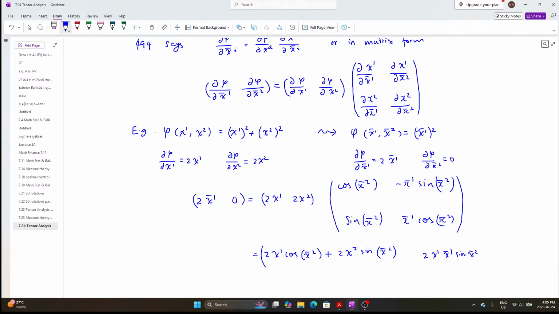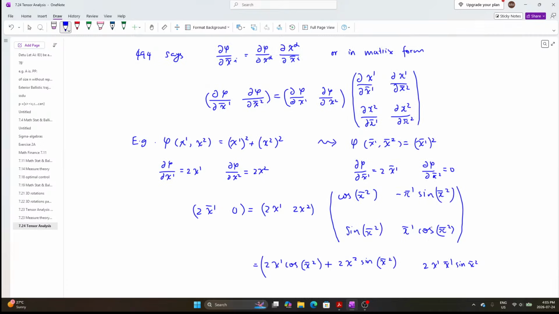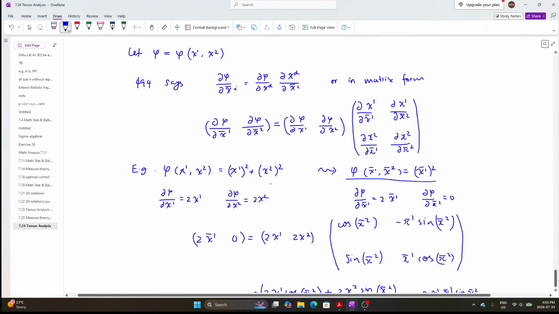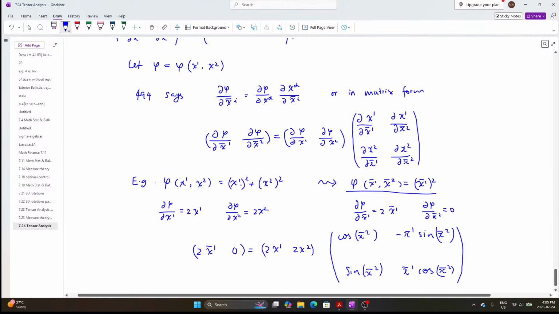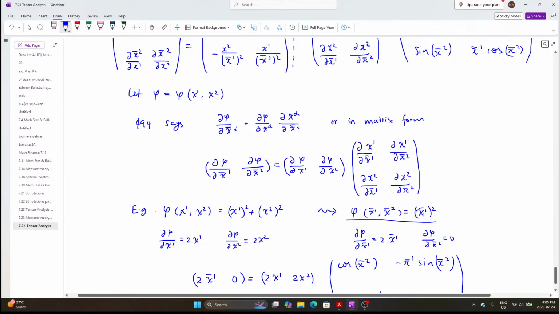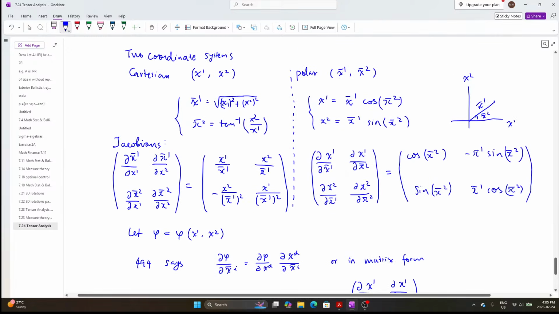Where did you pull out this phi of x1 bar? Where does this come from? Well, because of the coordinate transformation, right? Remember x bar 1 is the radius. Here, x bar 1 is the square root of x. Yeah, I think I messed up an index here. x1 should be upper index.